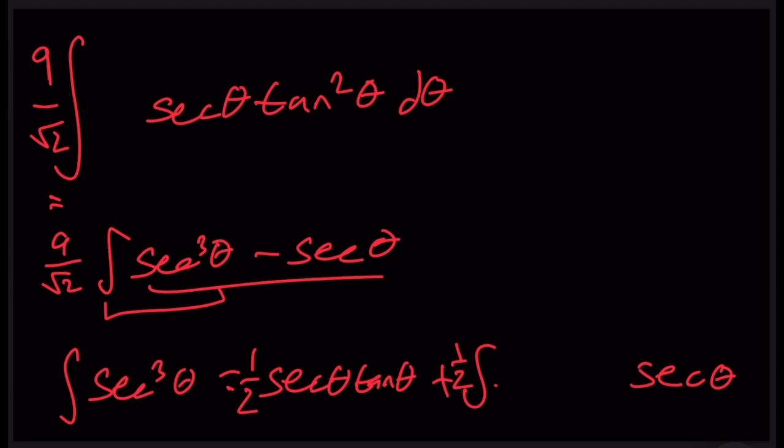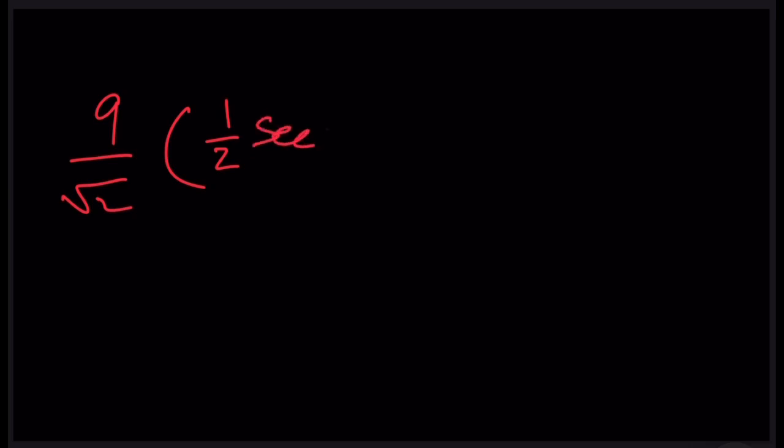Now let's combine everything. We're going to have 9 over root 2 times 1/2 secant theta tangent theta, and this will be, we have a minus, we have a plus, minus 1/2 the integral of secant theta.